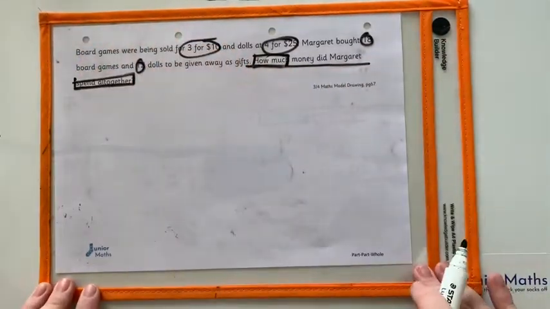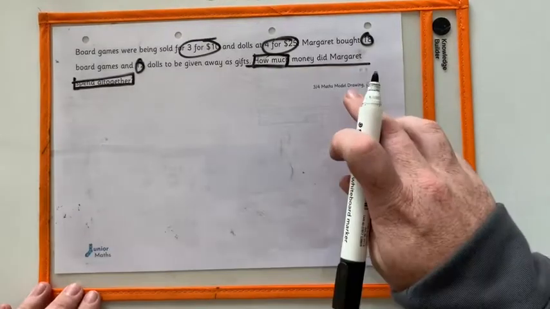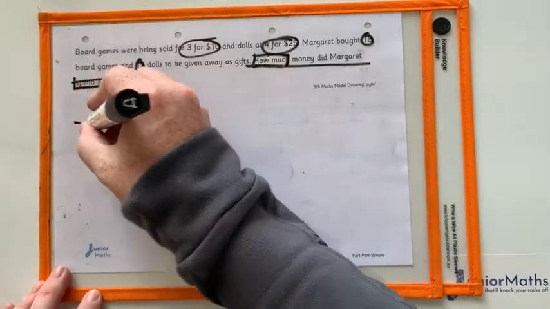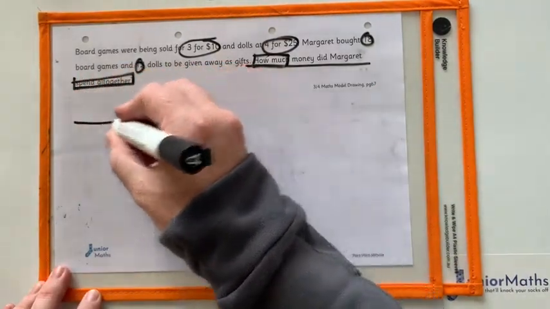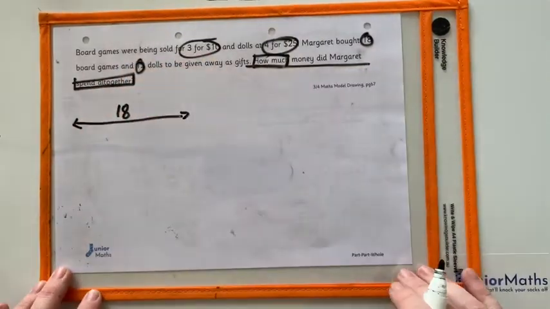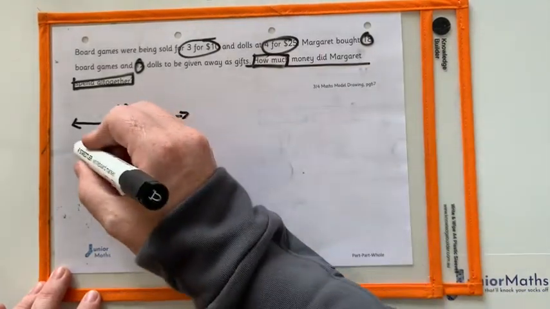Alright. So same thing here. Let's start with 18 board games. Now the board games are being sold in lots of 3.